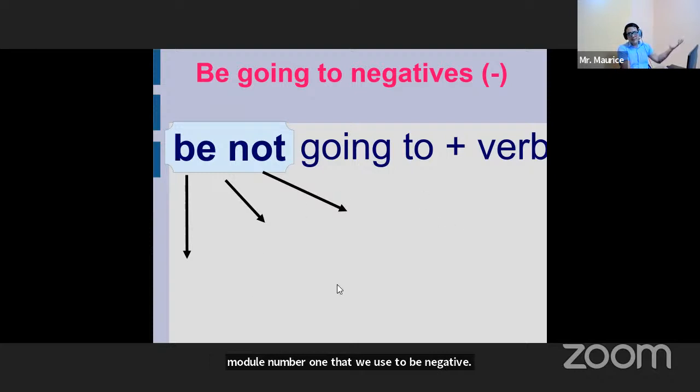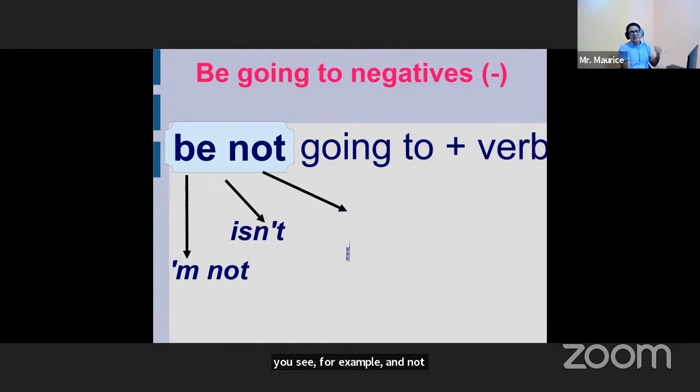It's very easy, you see. For example, I'm not, isn't, aren't. Okay, this is the verb to be in negative. Obviously, it's part of the structure of be going to. This is for intention, but in a negative way.